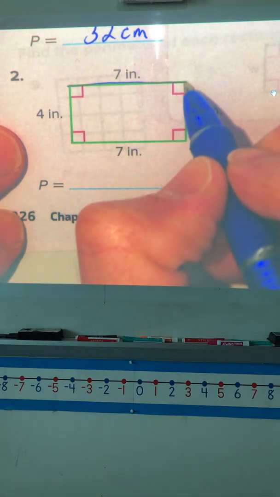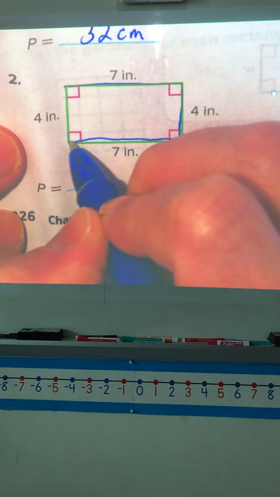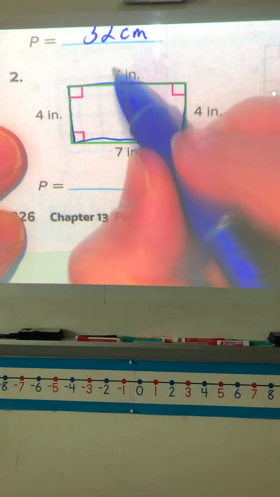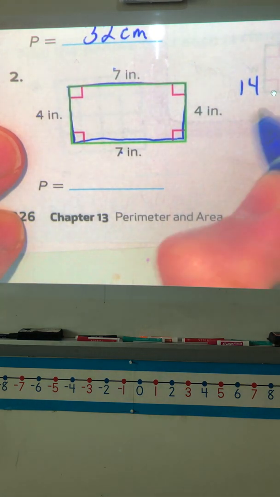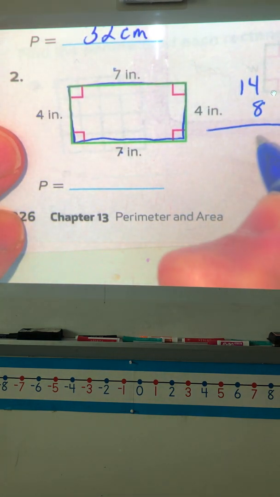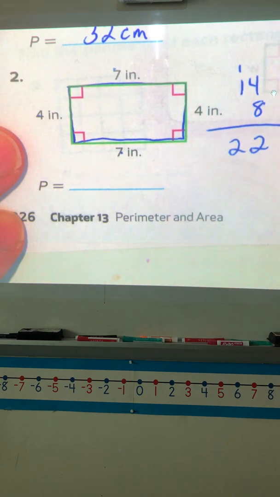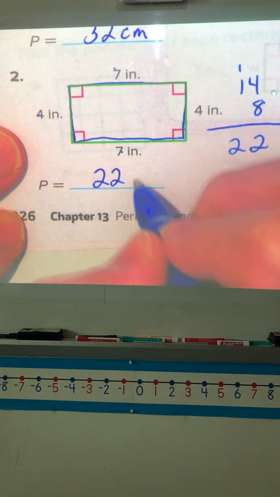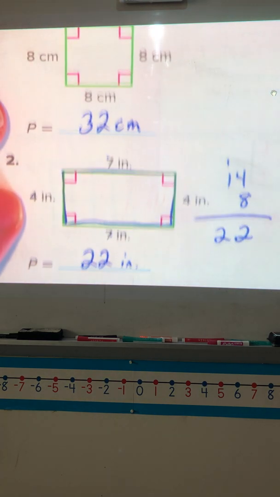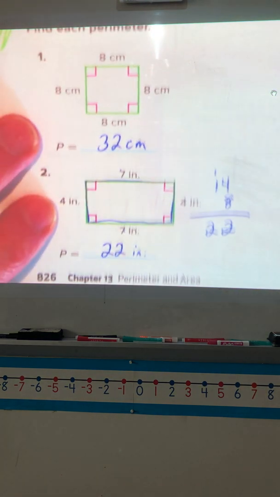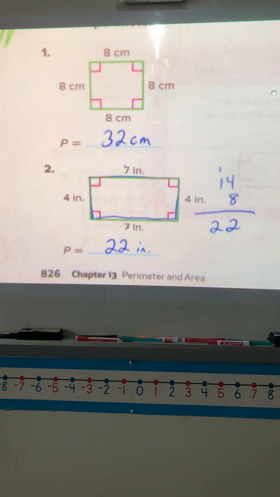Perimeter's the distance around a shape. 7 plus 7, we're going to have 14. 4 plus 4, 8. 8, 9, 10, 11, 12. 22 inches. Okay, so there's 1 and 2 for you. All right, let's move on.